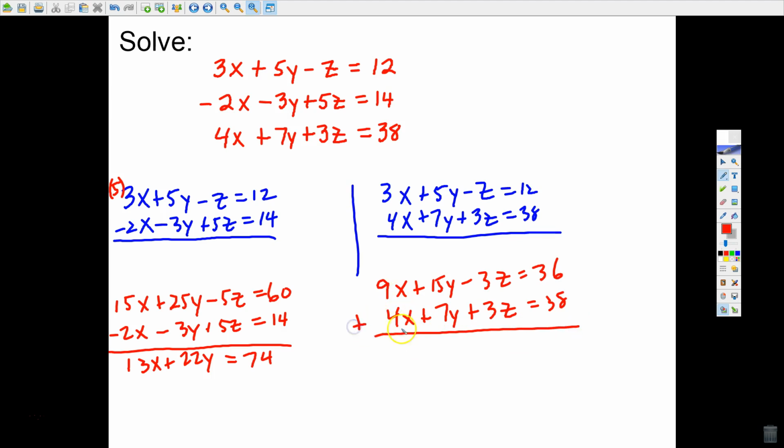And adding all the way across, I get 13x plus 22y, and those z terms cancel, and that equals 74. Well, here's another way that the infinite number of solutions presents itself. Obviously, you can see where we end up with the same equation in both cases.